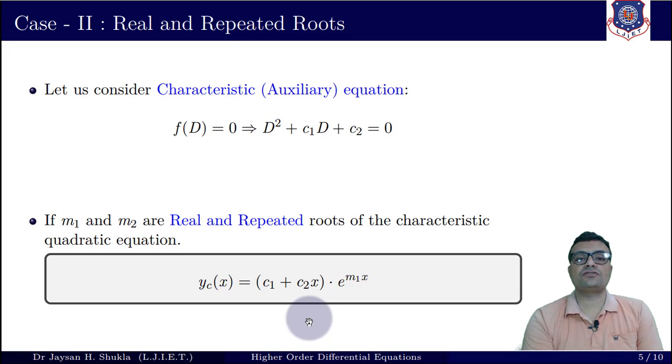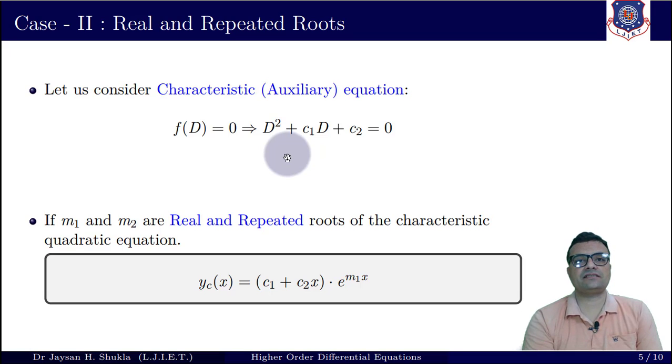So as the given equation over here is a second order differential equation, I need to write this complementary function as c1 plus c2 x. What will happen if my auxiliary equation is of order 3? In that case, we will have 3 repeated roots, m1 equal to m2 equal to m3.